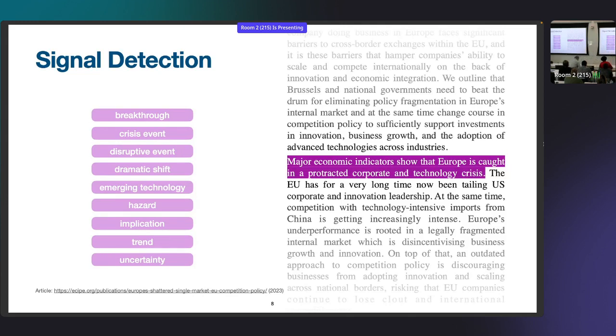So the prompt that is submitted to the language model is literally "this text is about" and the corresponding signal type. In this specific example, we can see that with a confidence equal to 0.99, we have identified this particular signal as of type crisis event.